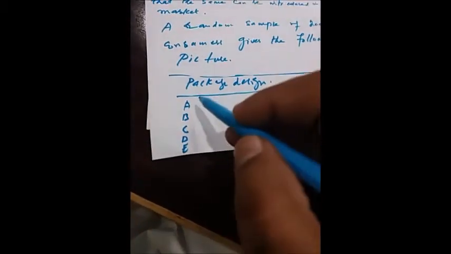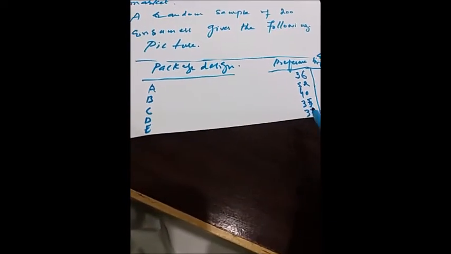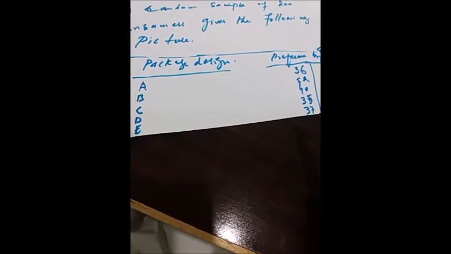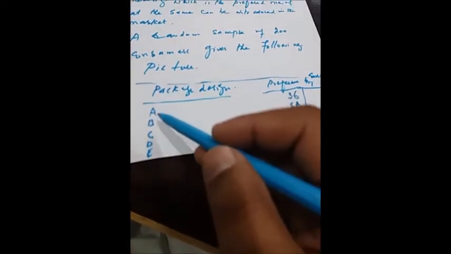Which package design is more preferred? Either package design A is more preferred, or B, or C, or D, or E. So this is the data and the preference values of the consumers regarding the different package designs.